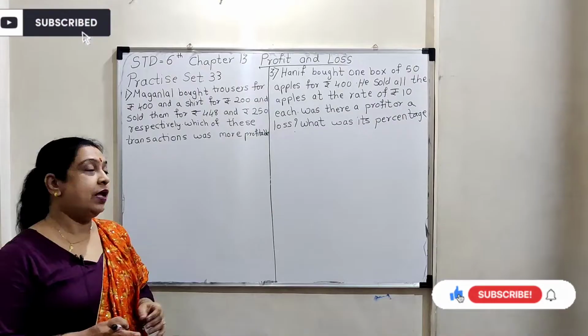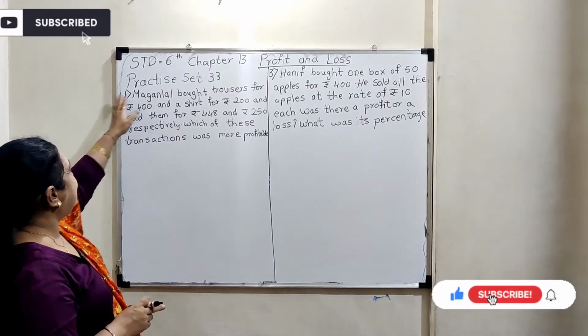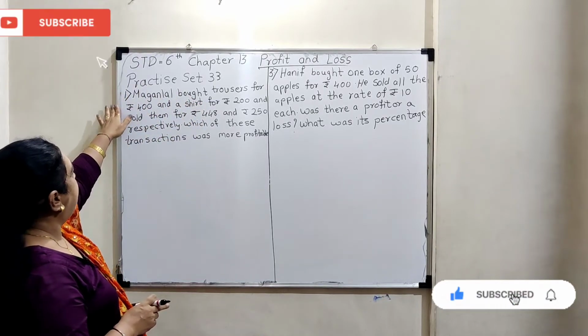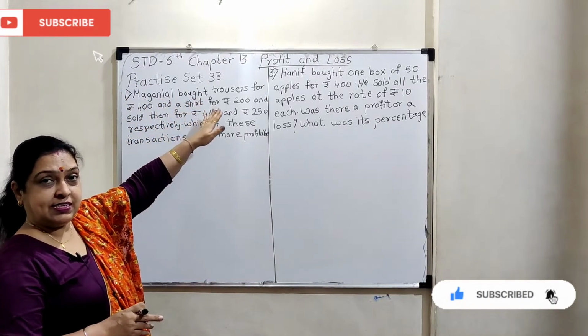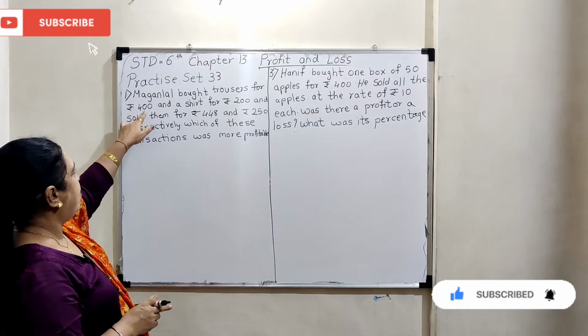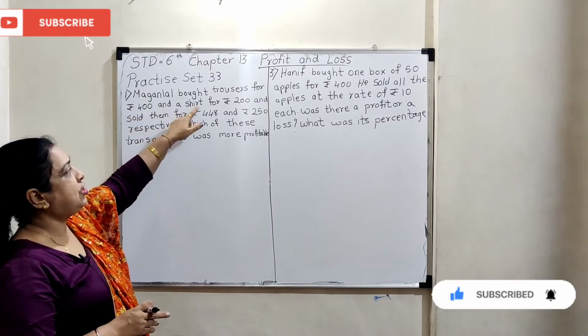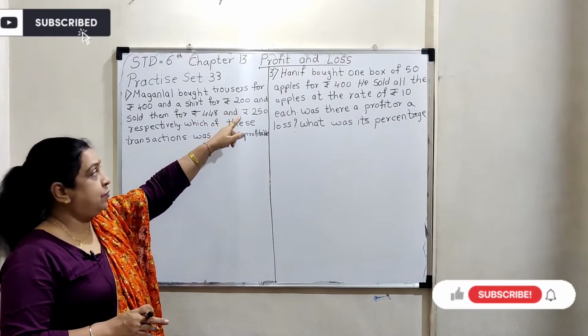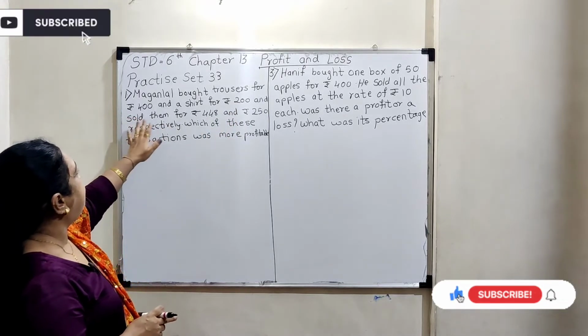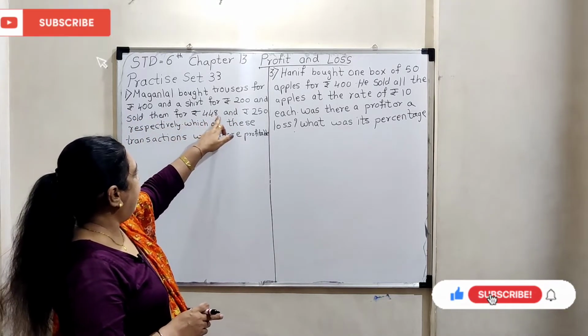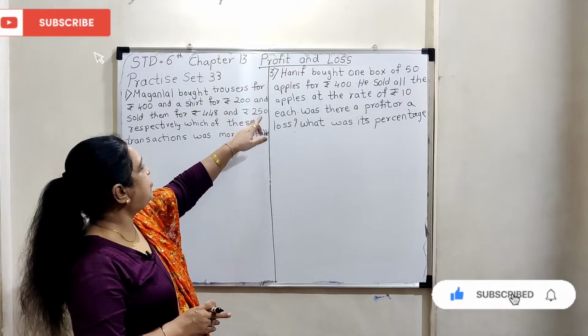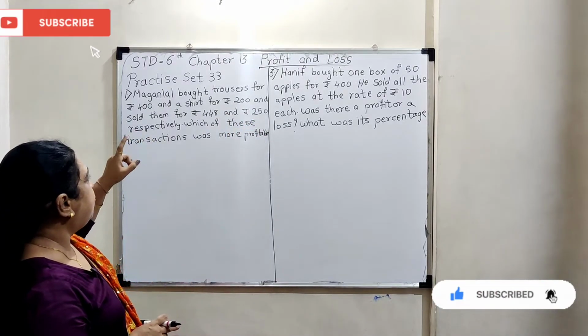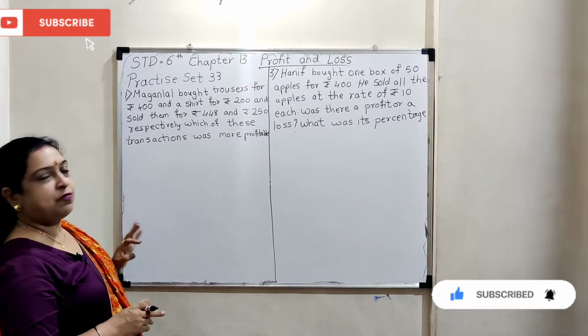Okay. So now we'll solve practice set 33, sum 4. Mangal bought trousers for rupees 400 and a shirt for rupees 200, and sold them for rupees 448 and rupees 250 respectively. Which of these transactions was more profitable?